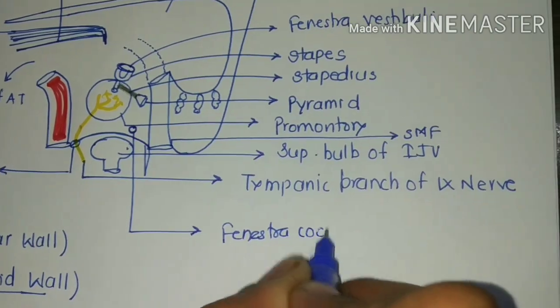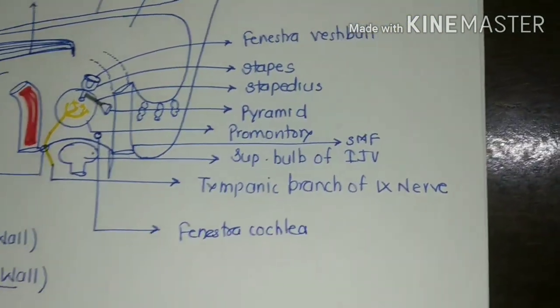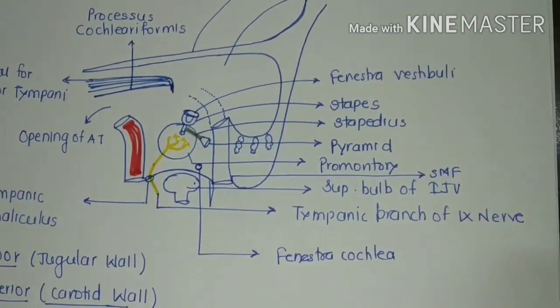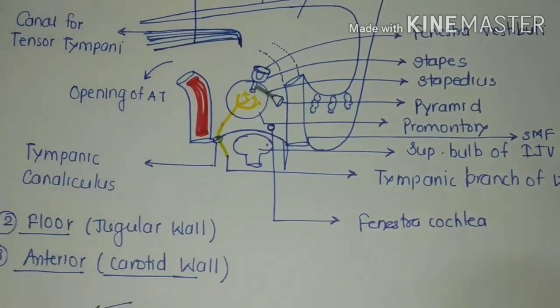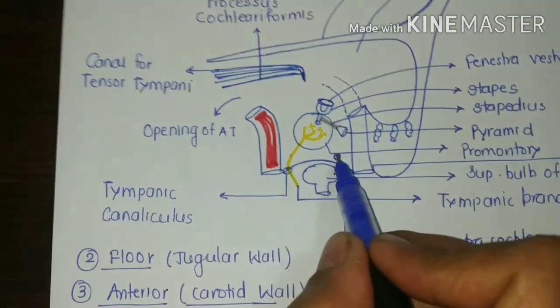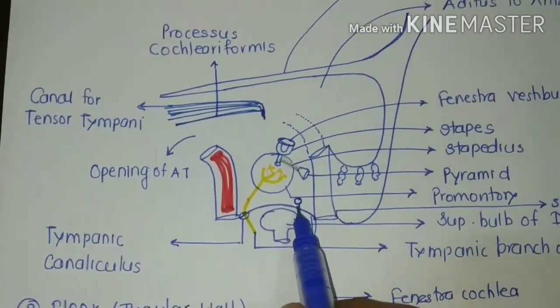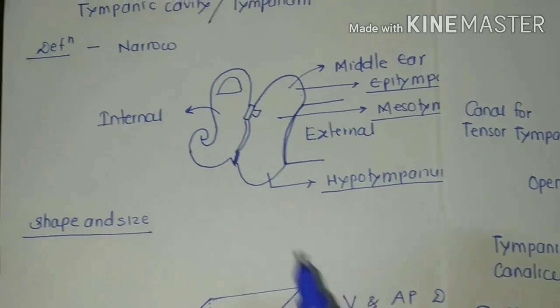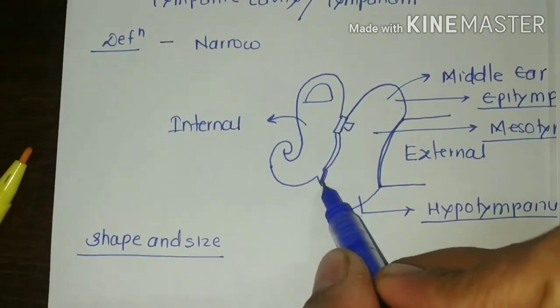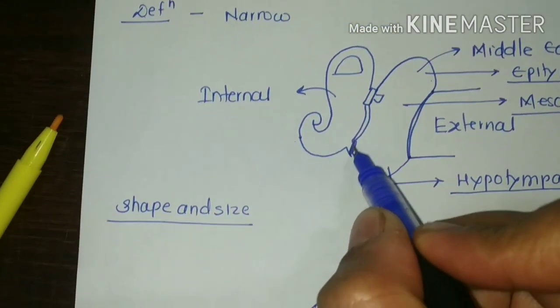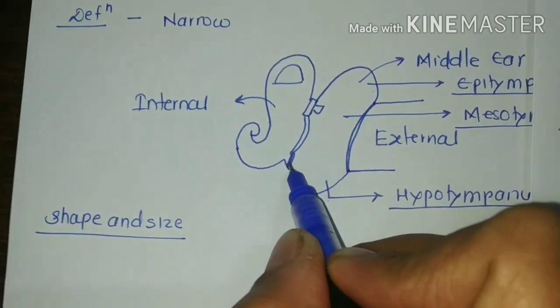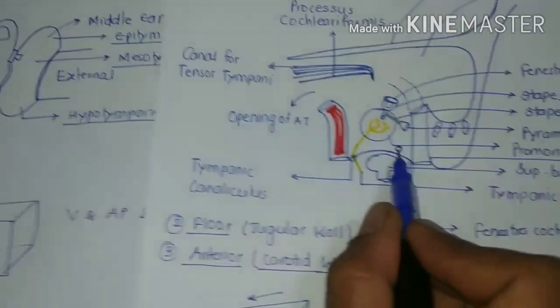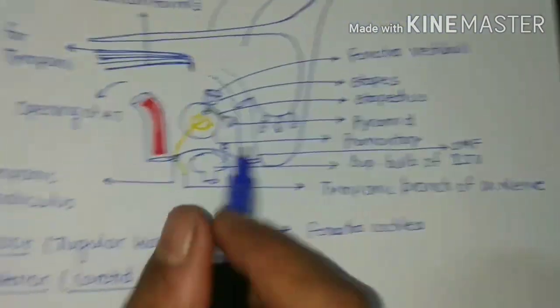It opens into the scala tympani of the cochlea, which is present in the internal ear, and it is closed by the secondary tympanic membrane. If you remember, in this diagram we have seen the secondary tympanic membrane which is present below the promontory. So this secondary tympanic membrane is responsible for closing the fenestra cochlea.